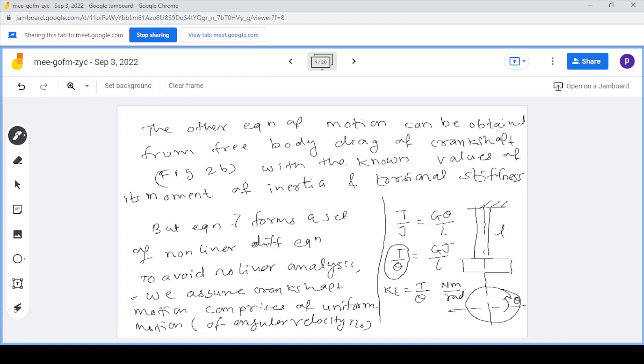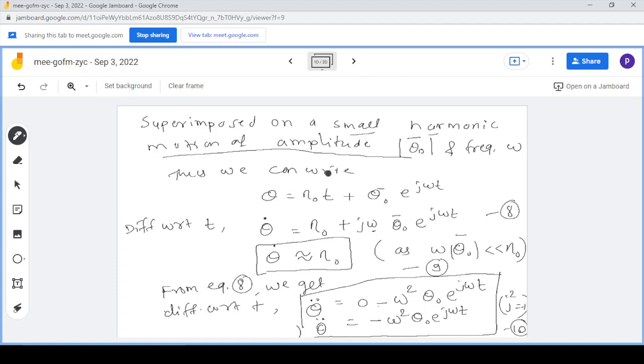So what do we assume? We assume the crankshaft has uniform motion, having an angular velocity n0, and thus, by considering the small angular displacement theta 0, we obtain theta is equal to n0 t plus theta 0 e raised to j omega t. By differentiating this we get the expression like this, and we know that omega theta 0 is very small.